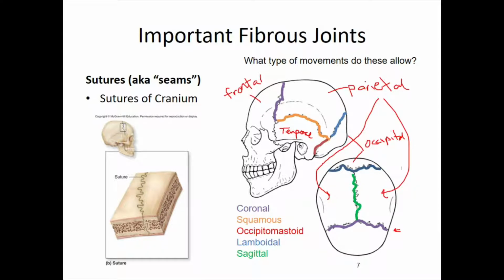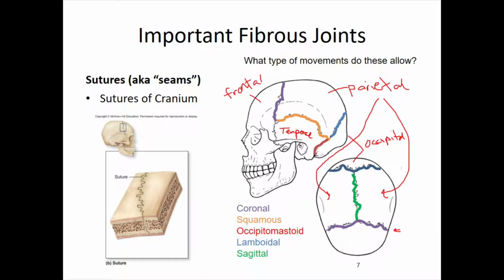There's the lambdoid or lambdoidal, and that is between the parietal bones and the occipital bone. The sagittal is going to run mid-sagittally, so we're going with that sagittal theme of the planes or sections of the body, and that's going to be between the 2 parietal bones.